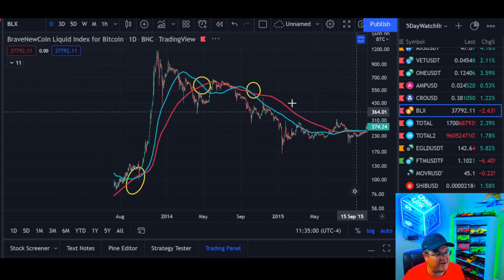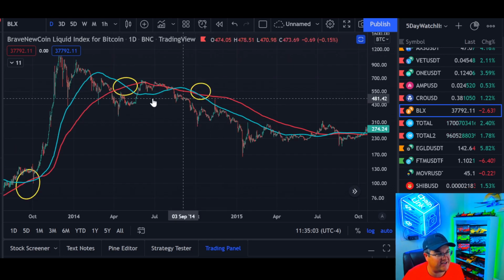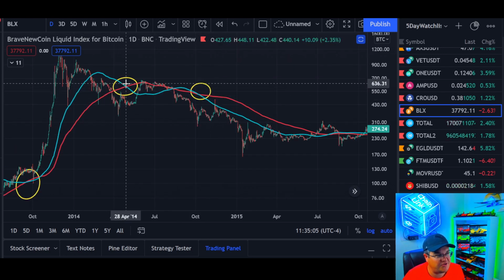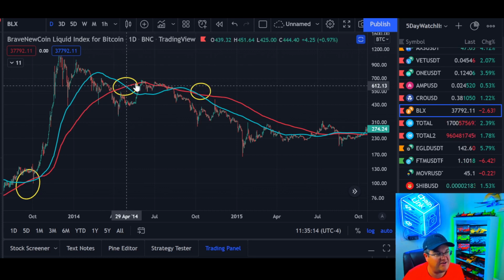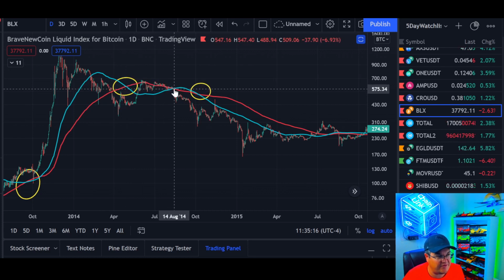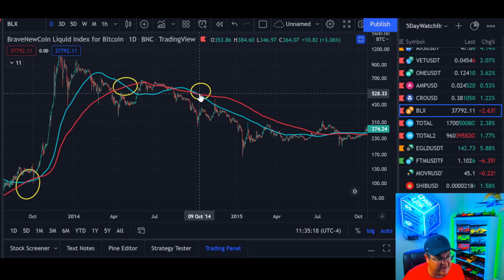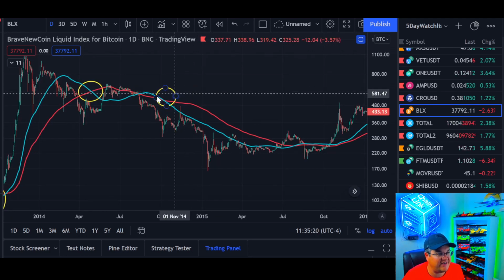So let's go back even further. Going all the way back, you've got to go all the way back to 2014 now. And we actually got two crosses here. First one down, again, the bottom was roughly in or not far from it. We've already bottomed here after we crossed. And then come back down, cross back to the upside, and then cross back down again. And this one lasted a significant amount of time, and that was pretty bearish.